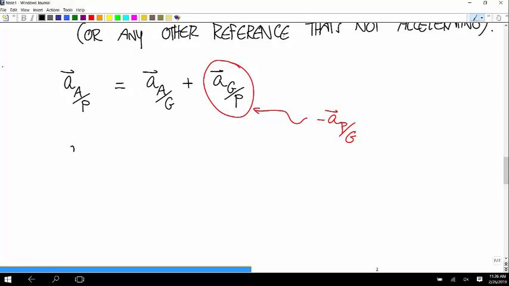And so the acceleration of A relative to P is equal to the acceleration of the astronaut relative to the ground, which is 0, negative 9.81, plus the negative acceleration of the plane relative to the ground, which is 0, negative 9.81.